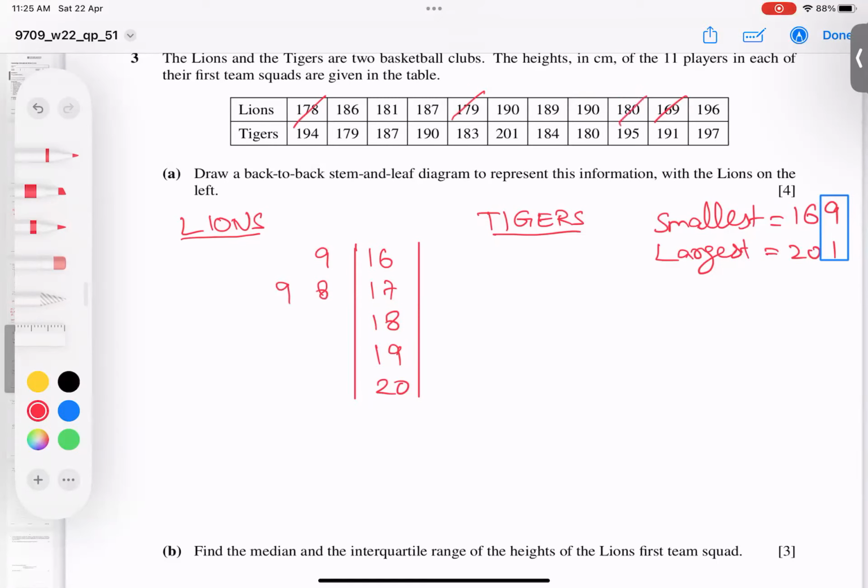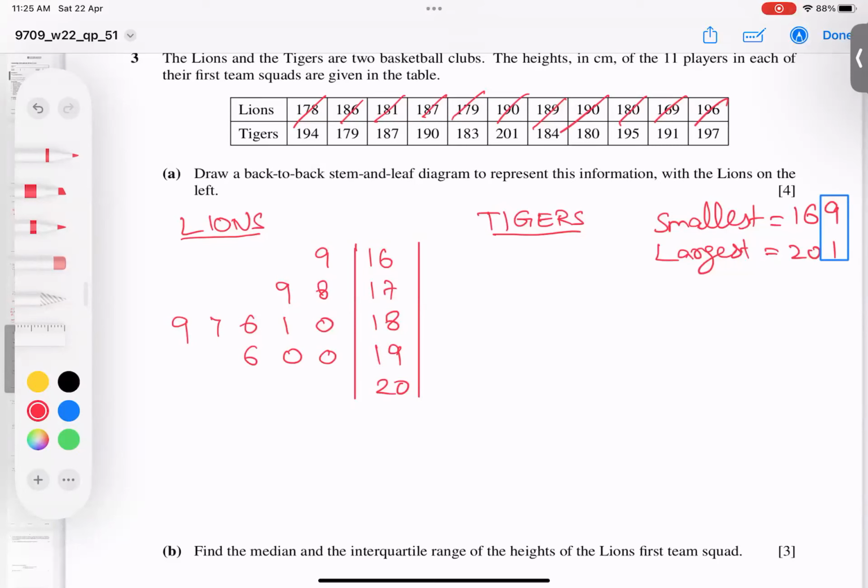So 80 is the least, write 0. Then next number 81, so I'm writing 1 here. And then afterwards 86, 87, and 89, so 6, 7, and 9. And then the 90s: 2 values of 90s, and 196. So 0, 0, and 6.